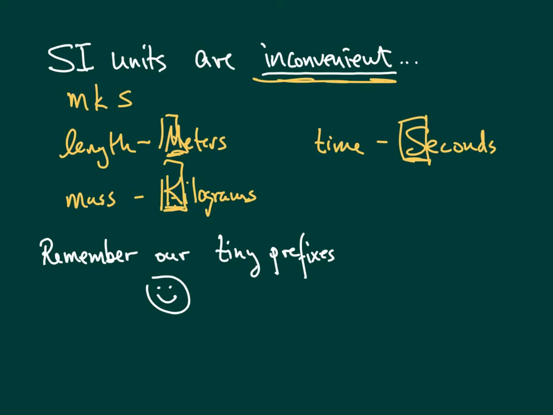Cool. We're not going to be able to use these, because meters, kilograms, and seconds are not meaningful on an atomic scale. We should use, for lack of a better term, what I'll call atomic units.